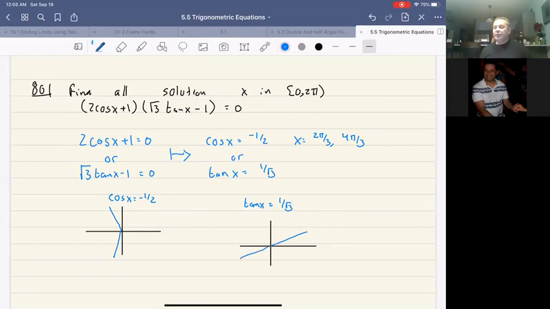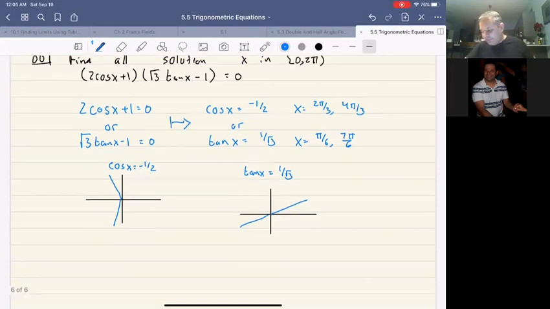Okay, right? This ratio of sine to cosine is going to be 1 to root 3. So that's going to be what? Pi over 6, 7 pi over 6. Of course, you could just look on the unit circle and find those as well. Okay? All right, let's go with one last problem, and then we're done.